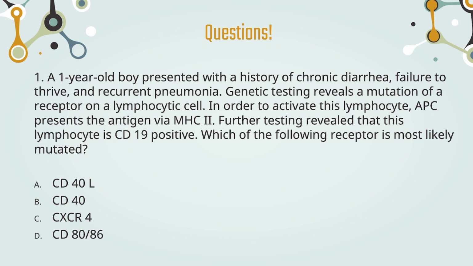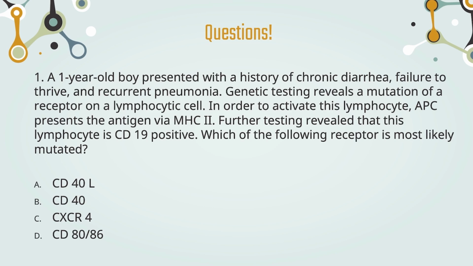Now, like I said earlier, this cell is CD19 positive. If you remember what I told you, CD19 positive means this is a B cell. All right. Now, we talked about activation of B cell, right? Now, let's look at the options. CD40L means that it's a ligand, it's not a receptor. So we can rule that out because the question is asking which receptor is mutated.